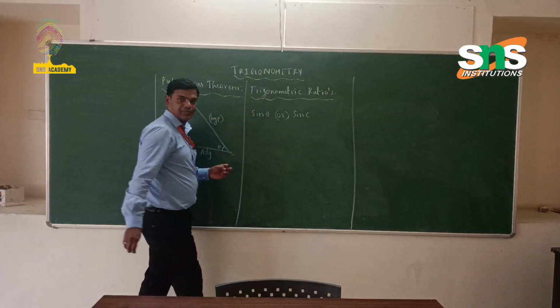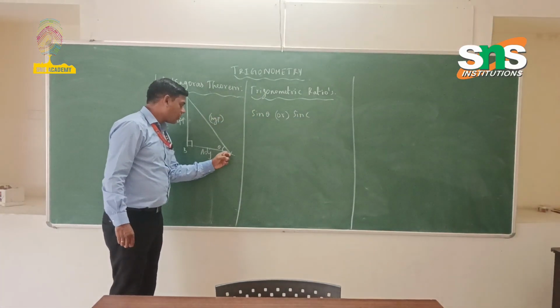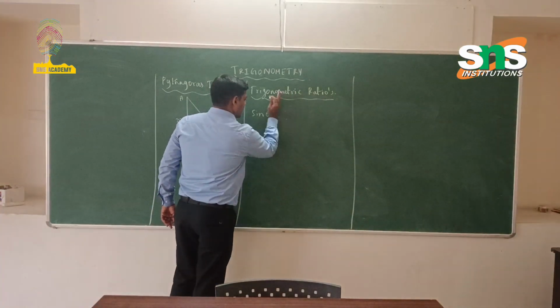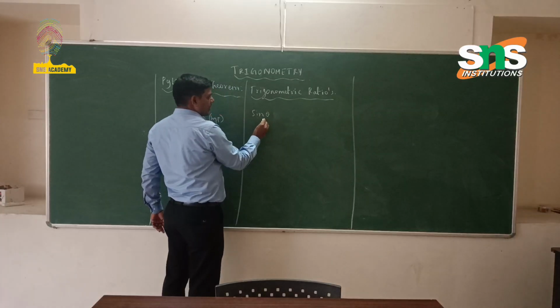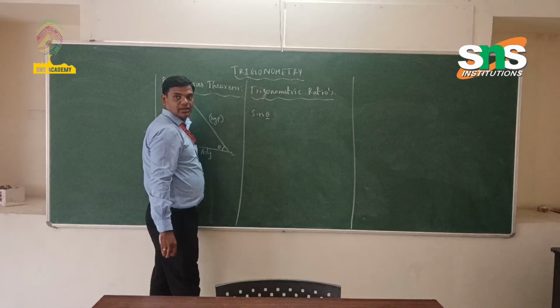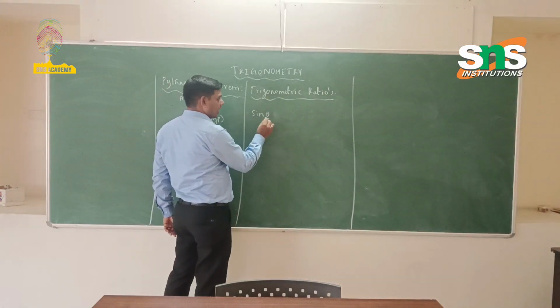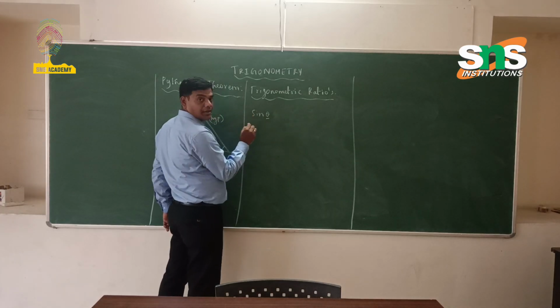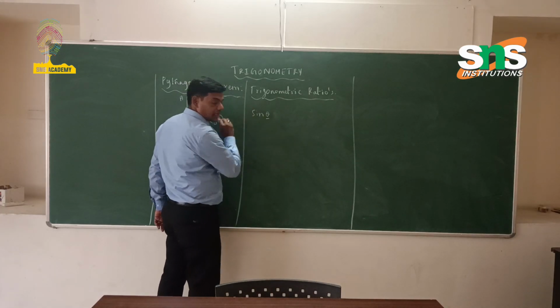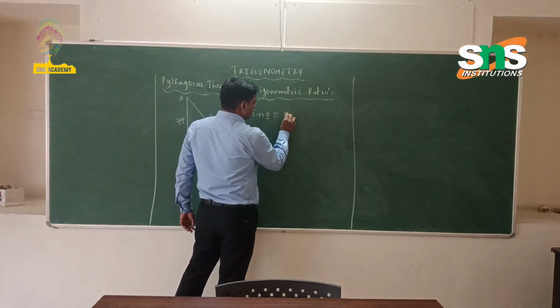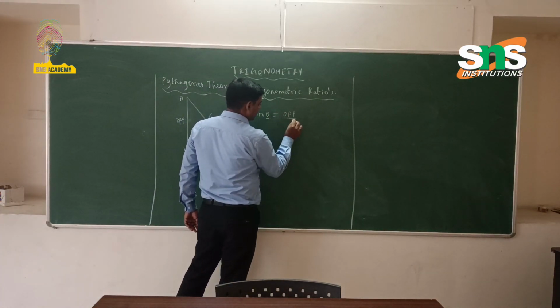Here we have taken sin theta. Sin theta means we measure the angle. It is not a multiplication between sin and theta. Here we are going to measure the angle. So sin theta is equal to opposite by hypotenuse.